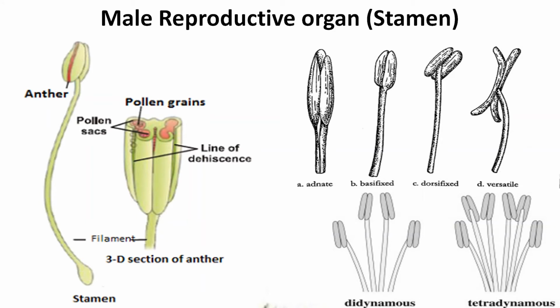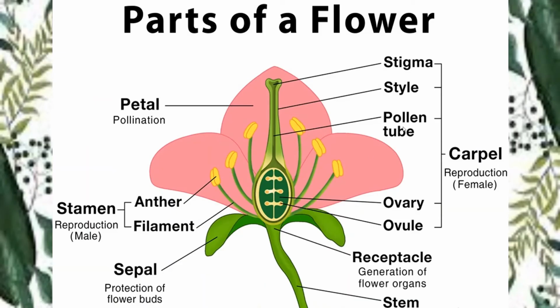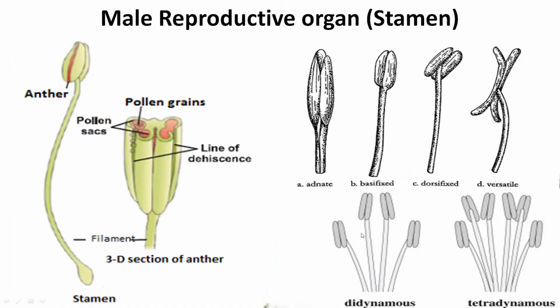What is this? You know that the four whorls are calyx, corolla, androecium and gynoecium. So it remains in a centric or in a circle manner. The circular arrangement. They remain in a circular arrangement. So what happens?